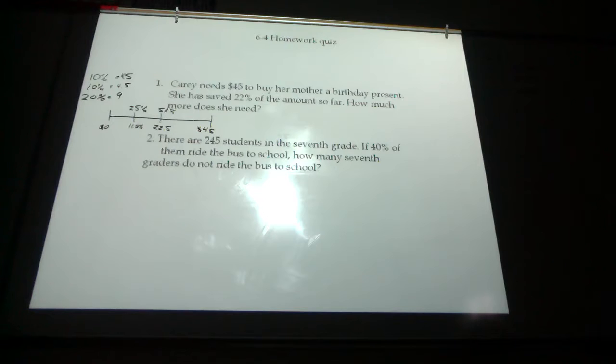So we know that 20% is 9. Now, how do we find 1%? Two places, right? Because we're multiplying by 1/100, we lose 2 decimal places. So instead of $45, 10% we move to $4.50. When we go to 1%, it's just 45 cents.